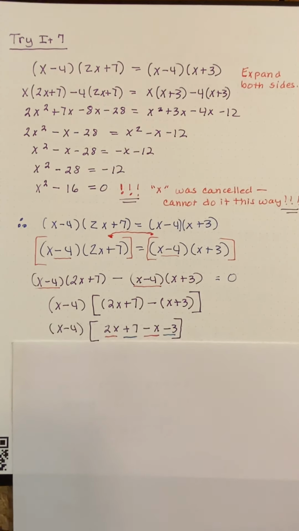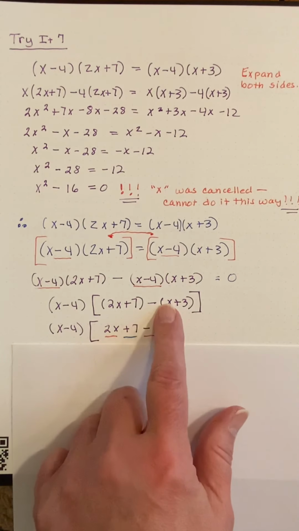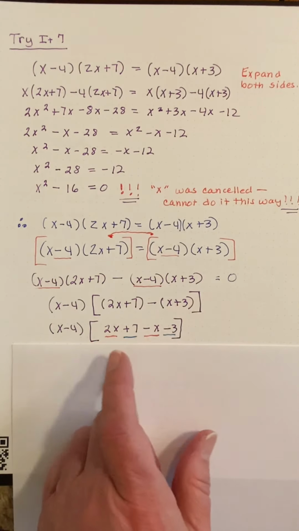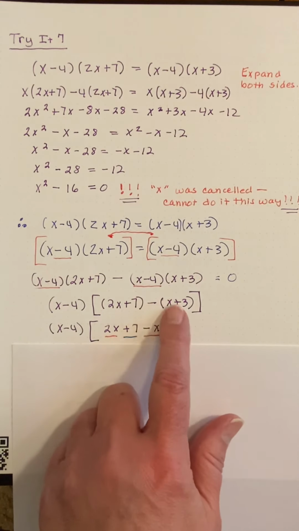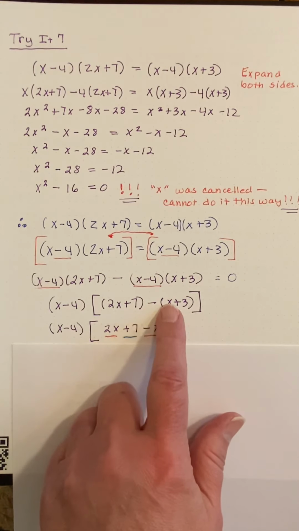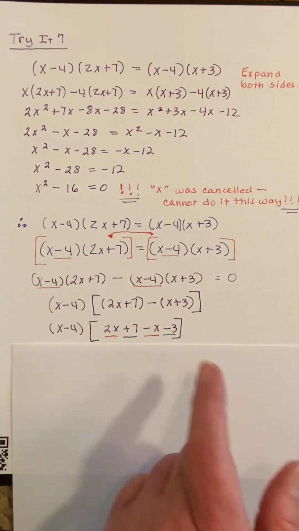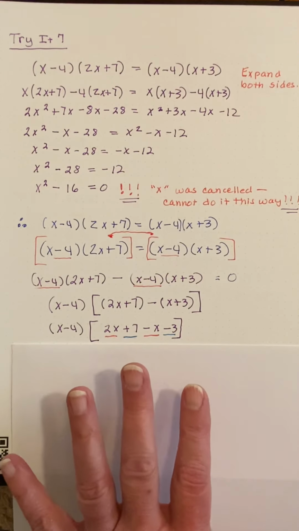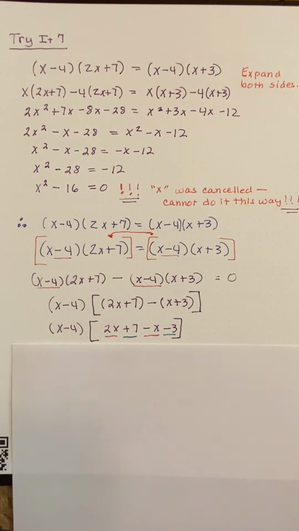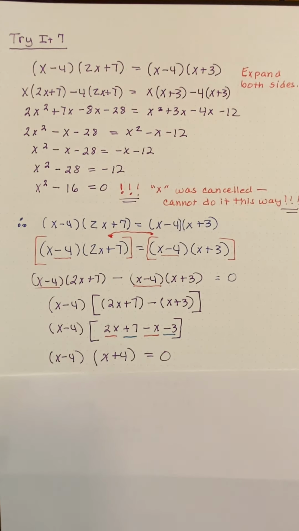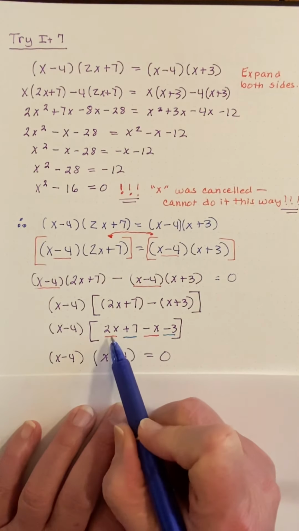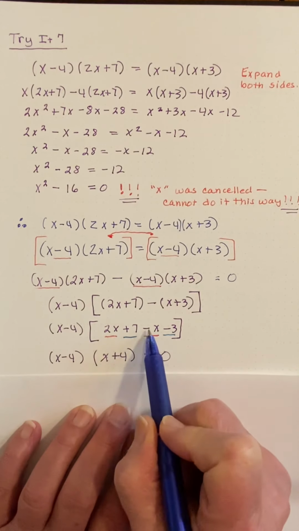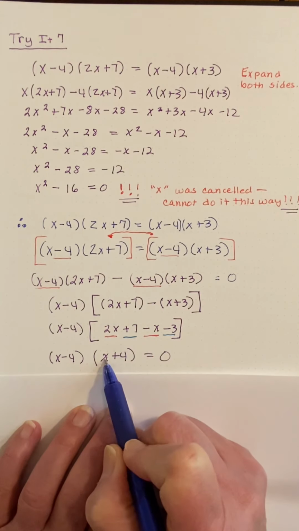Moving on to the next step, I'm going to take that minus 1 and multiply it through. I'm left with 2x plus 7 minus x minus 3, because x is positive, so they both become negative. Now, I'm going to combine things here. 2x minus x is x.